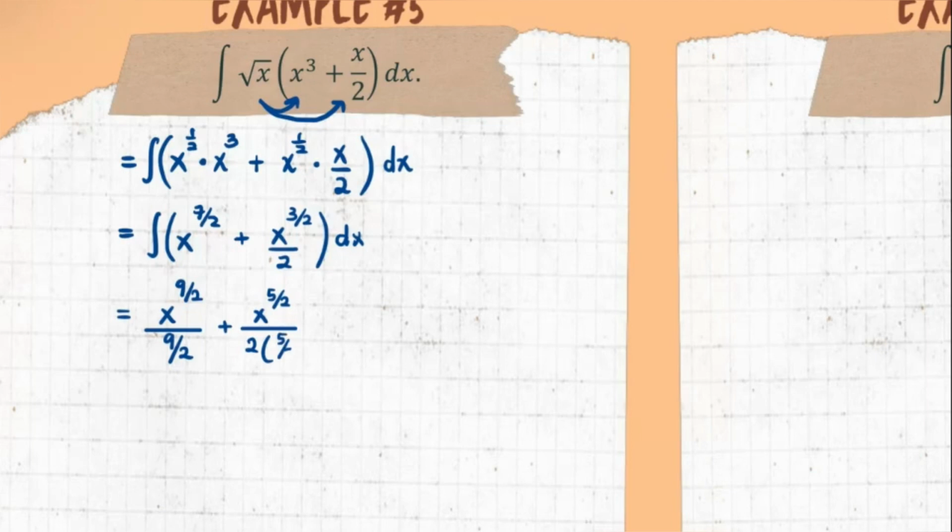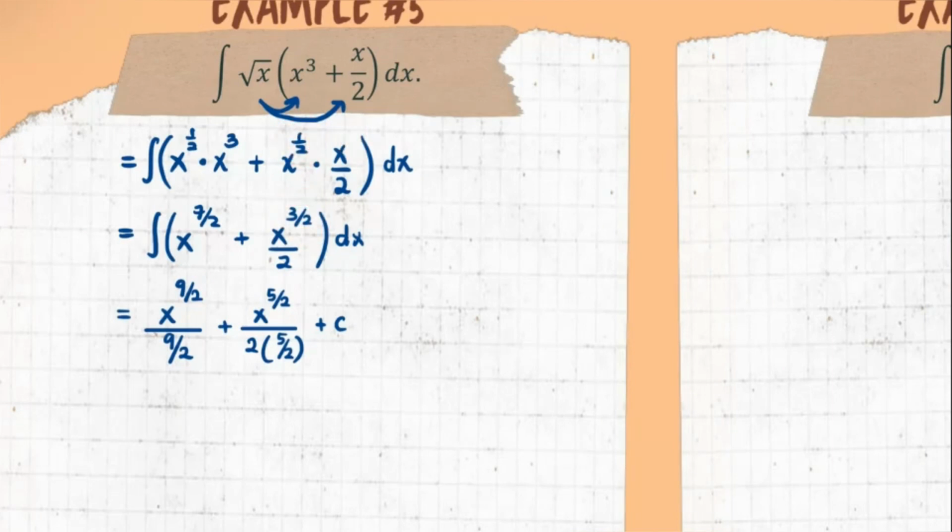So ada 5 over. Madam, macam mana dapat 7 over 2 tu? 7 over 2 ni 1 over 2 plus dengan 3. Power ni bergabung dapatlah 7 over 2. Sama juga dengan ini. 3 over 2 datang daripada half tambah dengan 1 kat sini. So dapatlah 3 over 2.